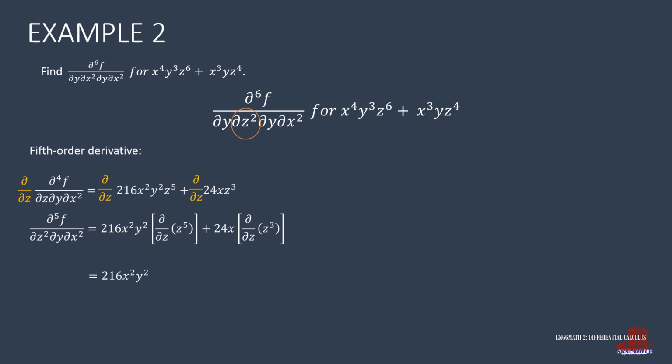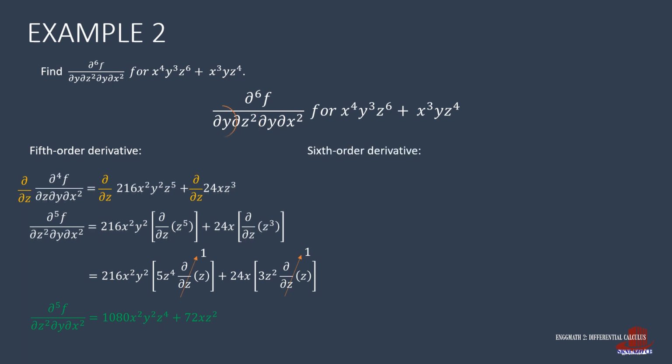This is simplified as 216x squared y squared times 5z raised to 4 with the derivative of z plus 24z with 3z squared times the derivative of z, where dz over dz is 1. So the fifth partial derivative of the function with respect to z, y, and x is 1080x squared y squared times z raised to 4 plus 72x with z squared.